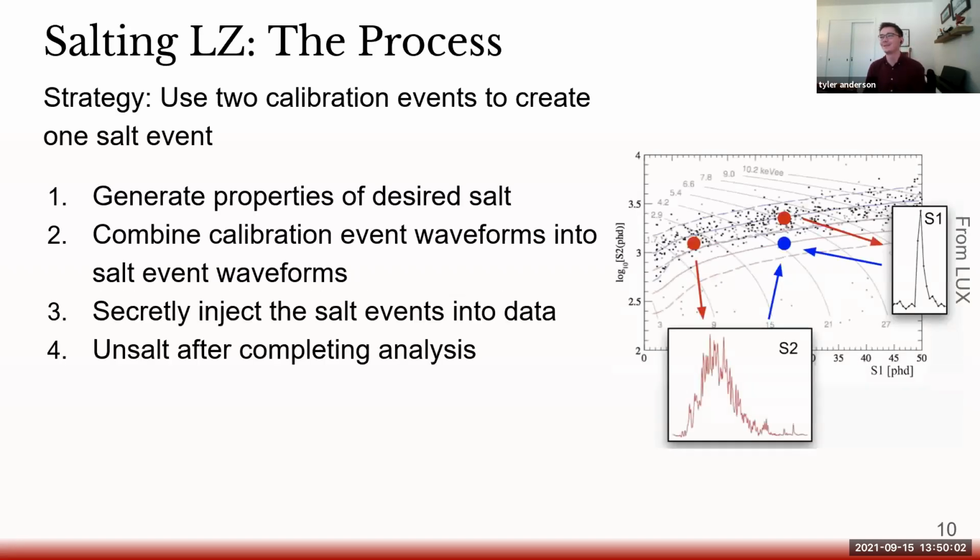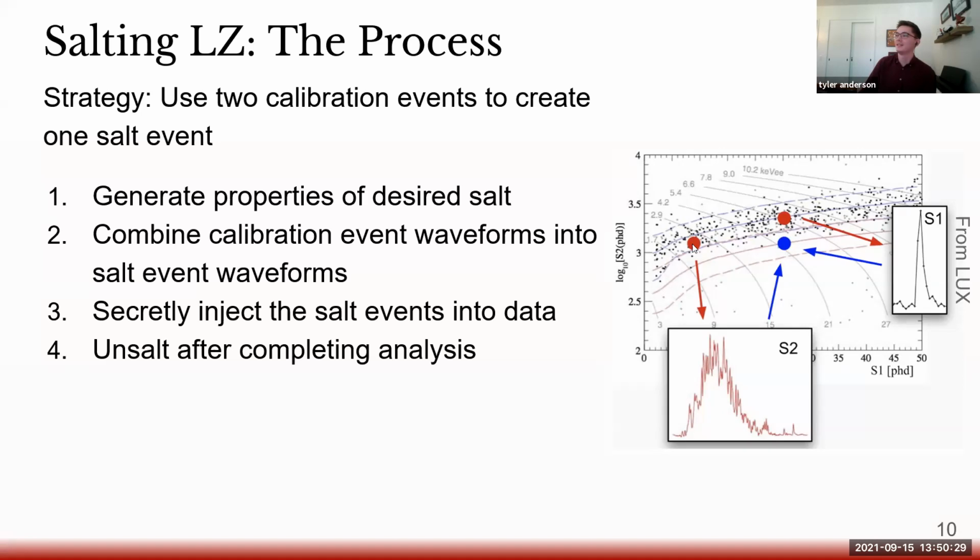So to go over this process, here's a broad picture. I'll go into more detail in the future slides, but the basic idea is that to create these fake waveforms, we actually use real waveforms from calibration data that fill out the ER band. You can look at the cartoon here, where if we want a salt event to go with the blue dot, we find a calibration event in our ER band that has a very similar S1, take its waveform.